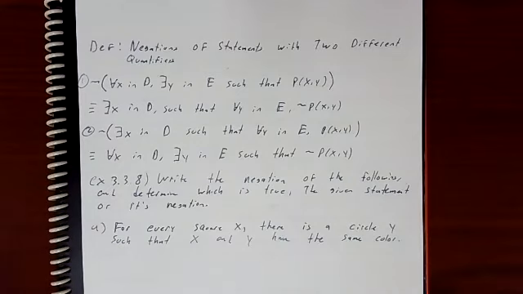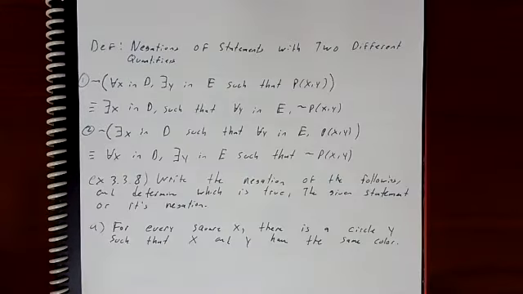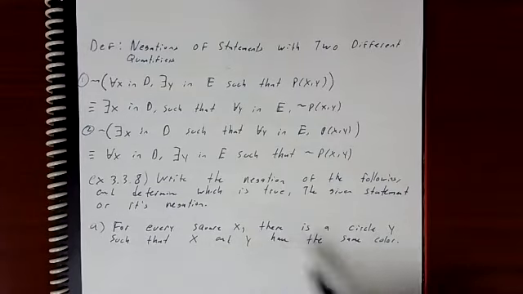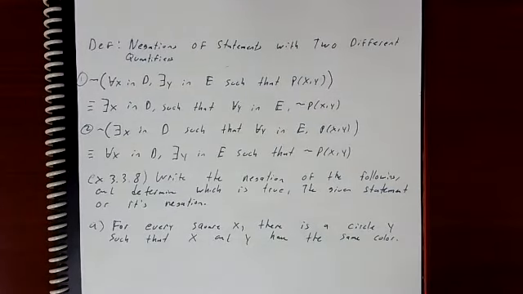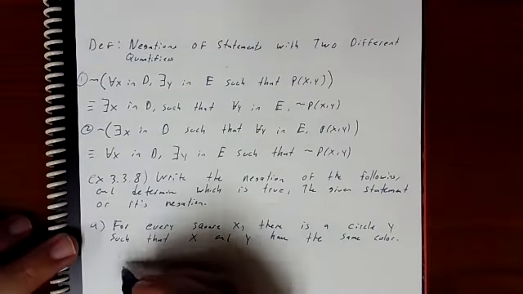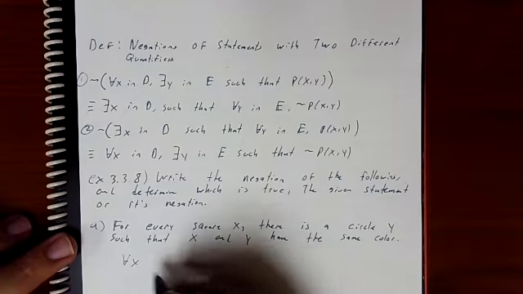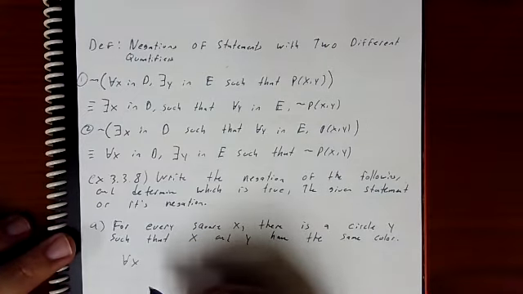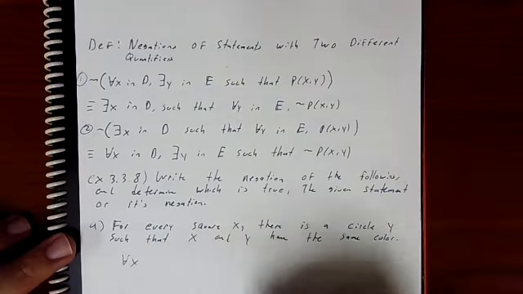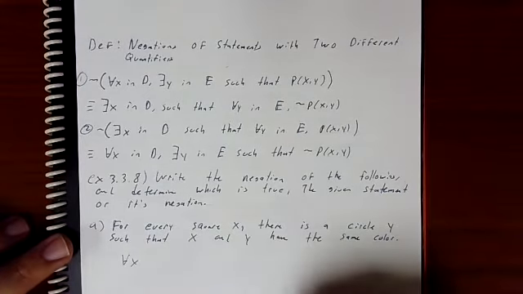Okay, so for every square x, there is a circle y such that x and y have the same color. Okay, so symbolically, right? That is saying for all x, let's see how I can phrase this. It doesn't sound weird.